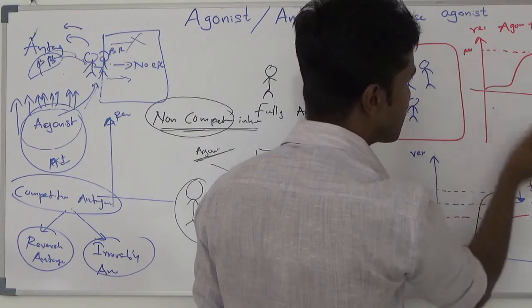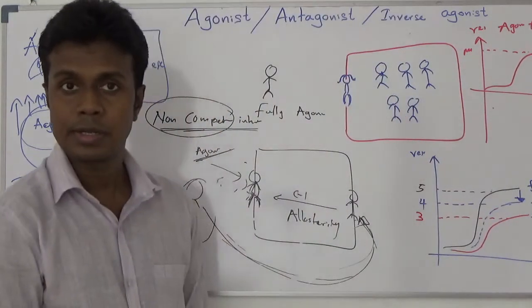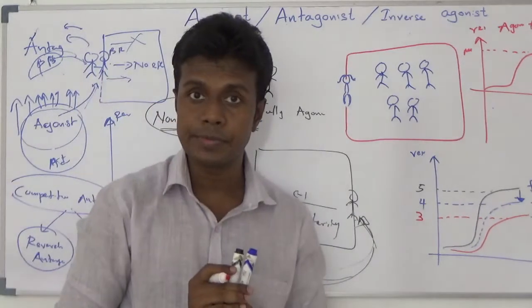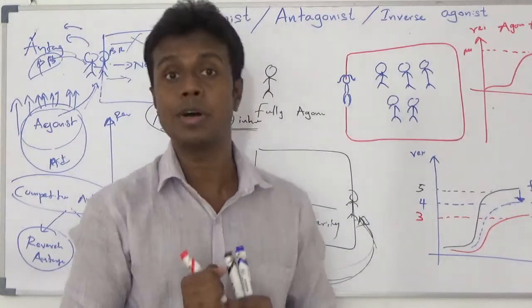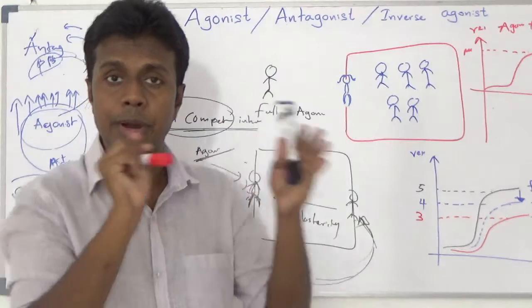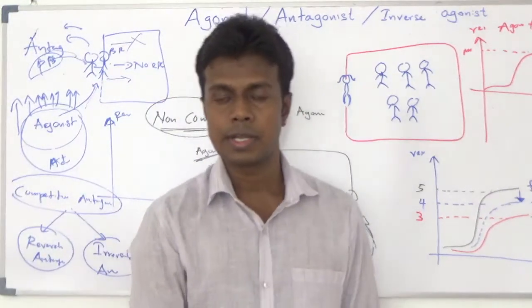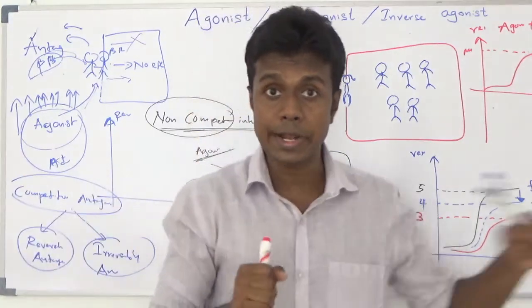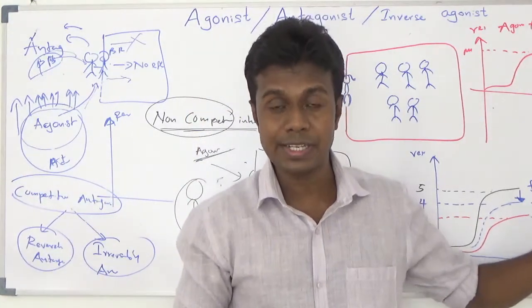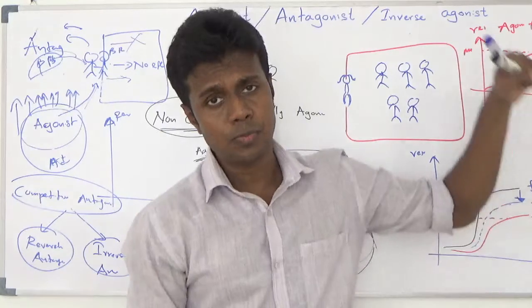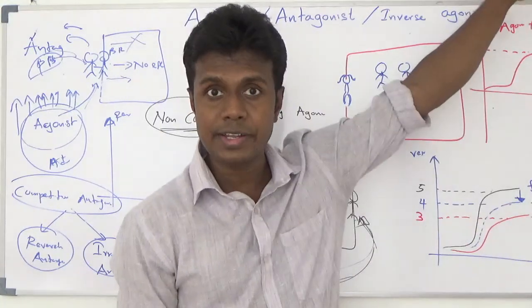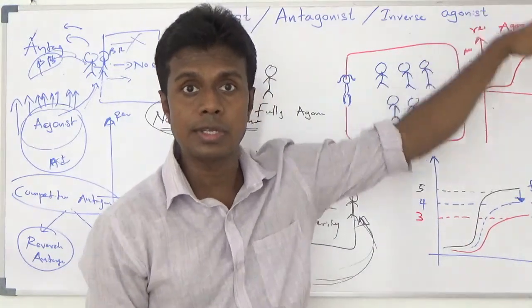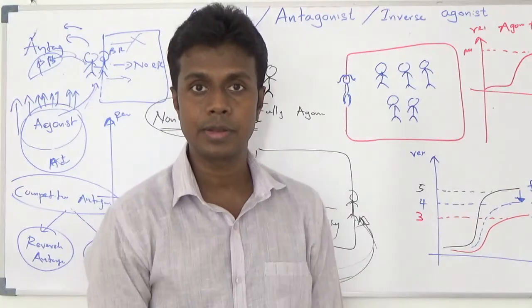This is the maximum response. There are some drugs. Once you give them, they go and bind to the receptor. If it is an antagonist, there will be no effect. If it is an agonist, there will be effect. If it is a full agonist, there will be full effect. If it is a partial agonist, there will be partial effect.